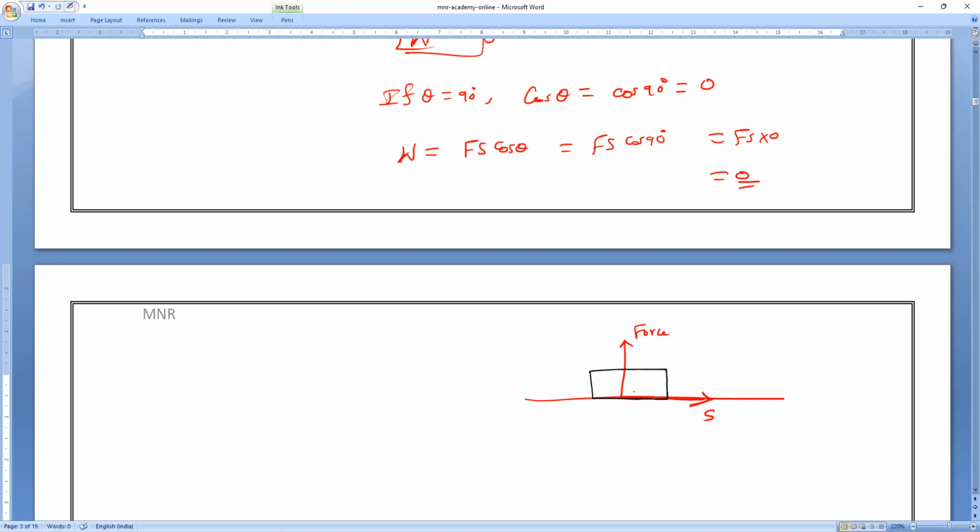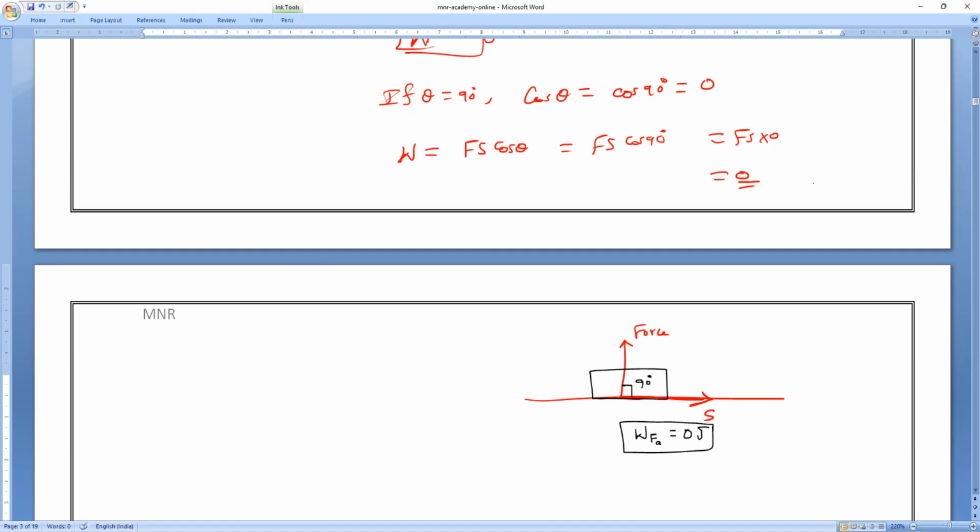The angle between them is how much? 90 degrees. So in this case, the work done by the applied force is 0 joules.